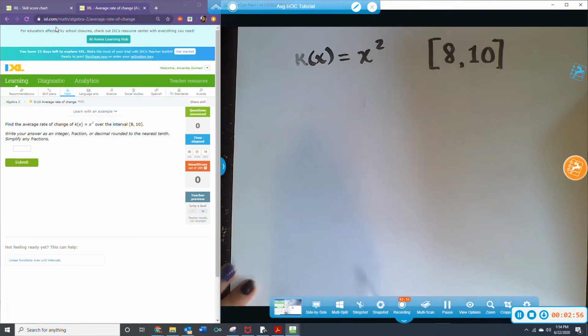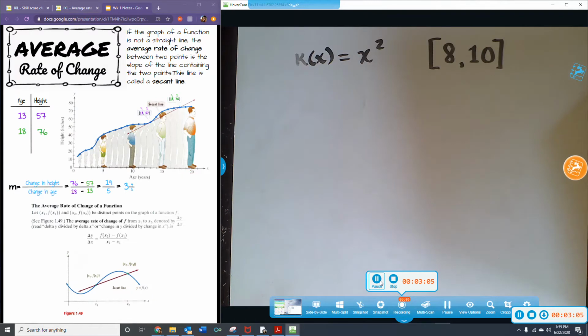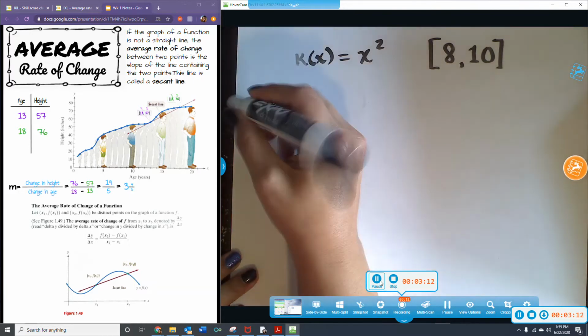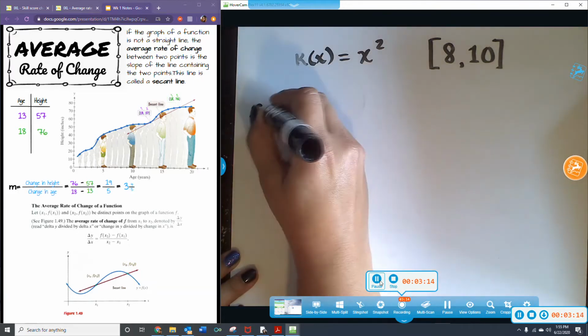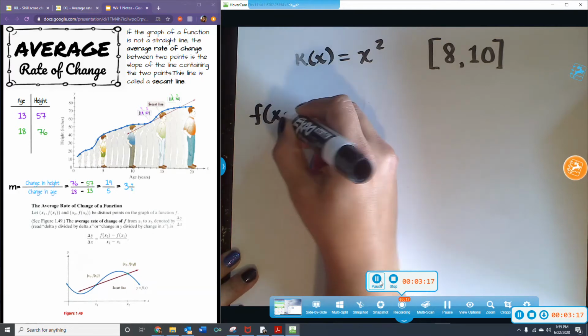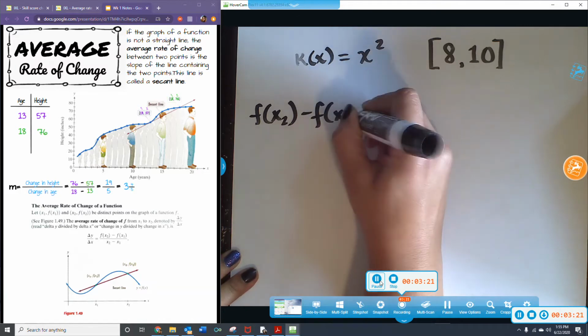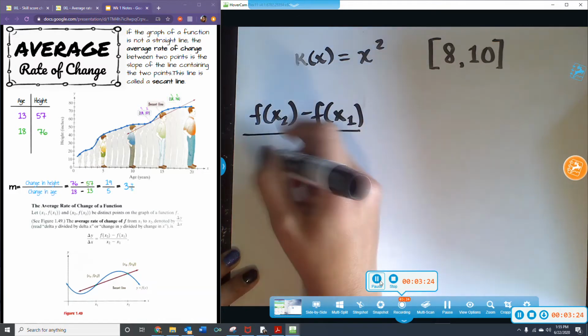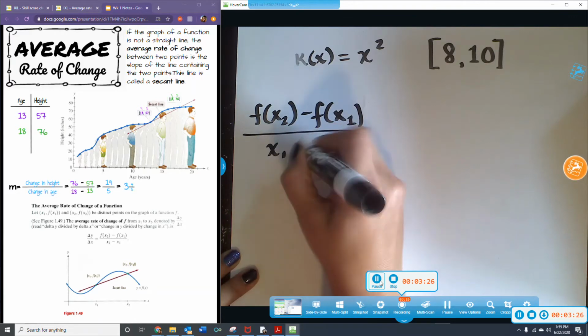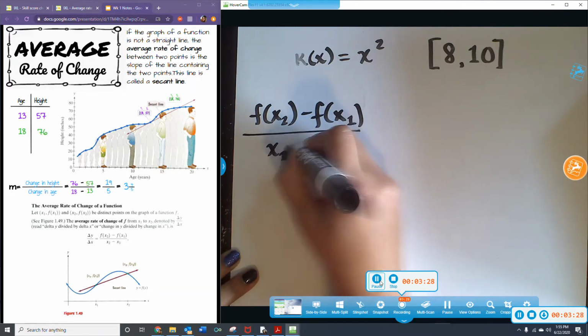Given the previous notes, which are now on the left, we had a formula: f of x sub 2 minus f of x sub 1, all over x sub 2 minus x sub 1.